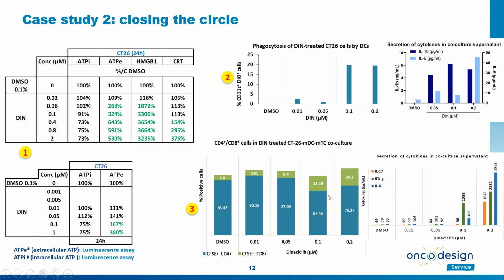What we can see is a polarization of these cells that shift from a prominent CD4 population to a starting proliferation of CD8s, and these CD8s are able to start signaling with interferon gamma.